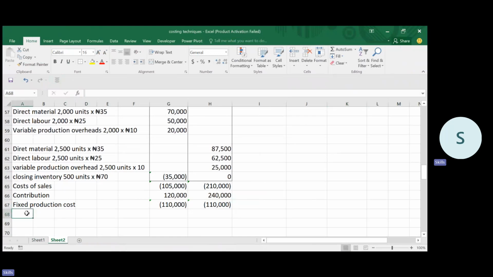So the profit or loss now will come from the contribution minus the fixed cost. The contribution minus the fixed cost will give us the profit or loss.